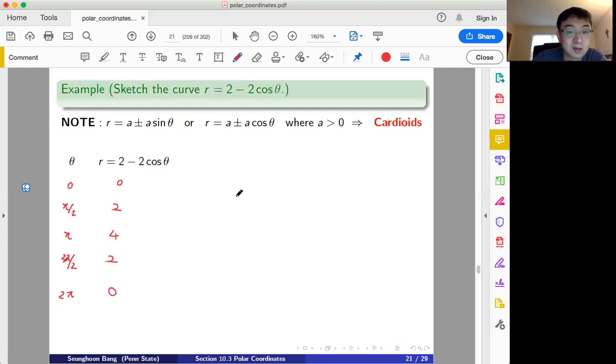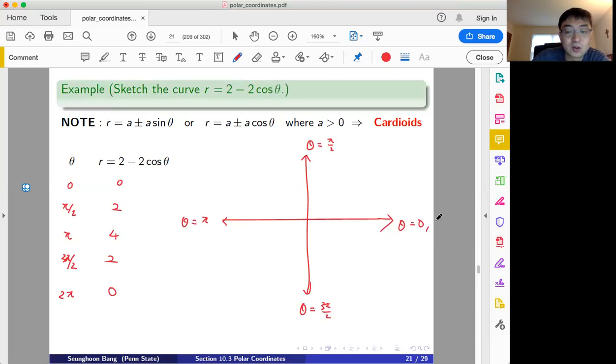The next thing, you have to plot these points, similar to before. Here, theta equals 0, pi over 2, pi, 3 pi over 2, 2 pi.